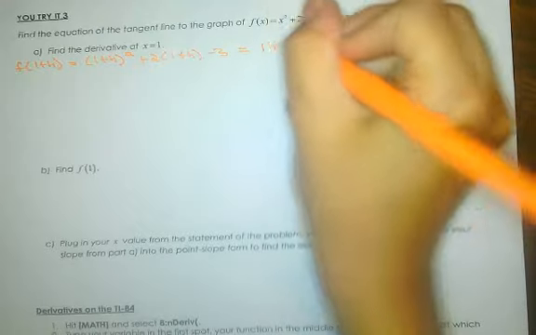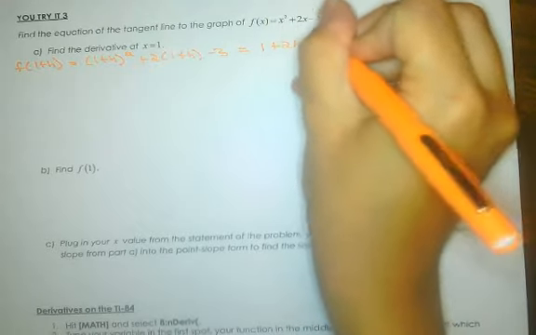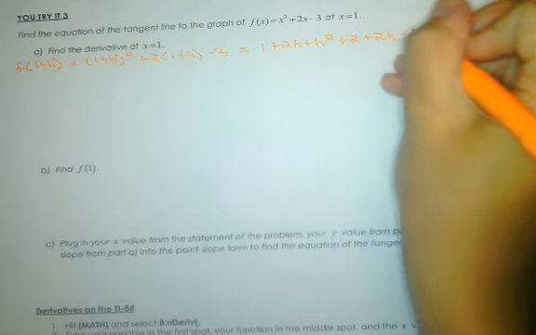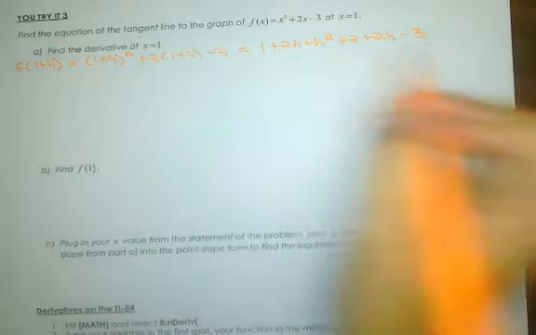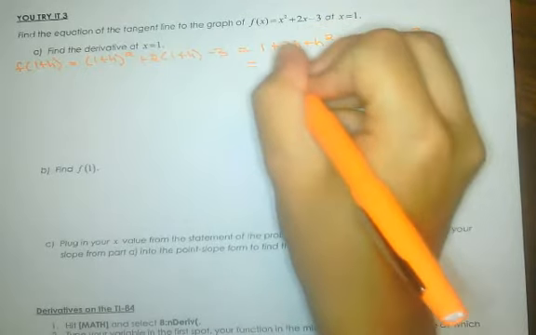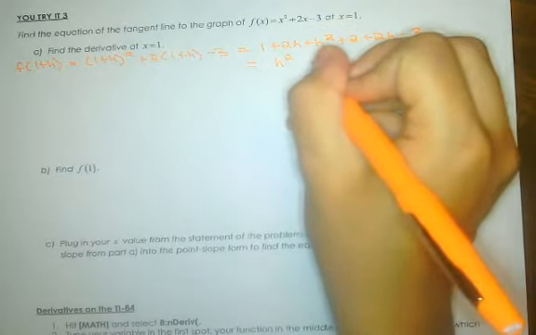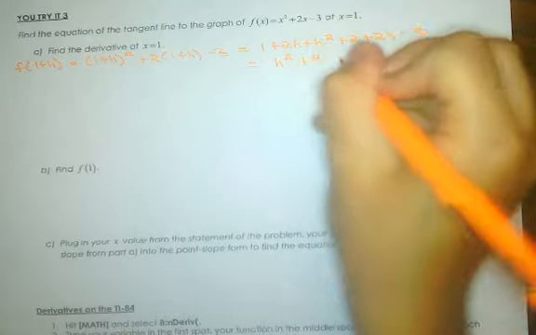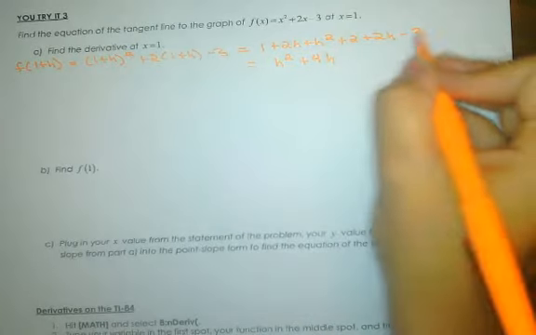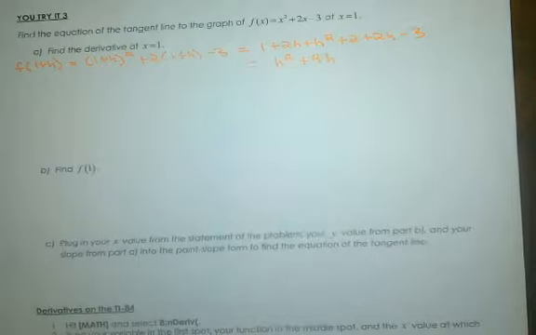You're going to get 1 plus 2h plus h squared, and then once you distribute that 2, you're going to get 2 plus 2h. You still have that minus 3. Let's clean that up a little bit. I'm running out of room, I'll just go underneath. So that's going to clean up into h squared plus 4h, because 3 minus 3, those go away.